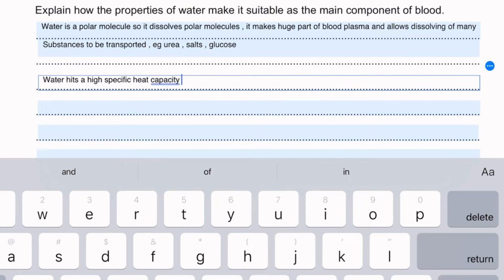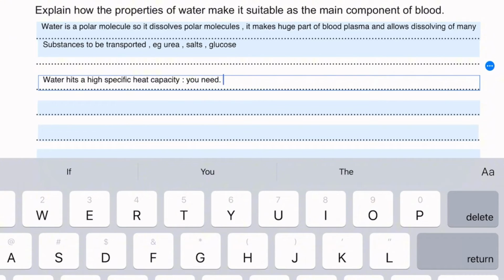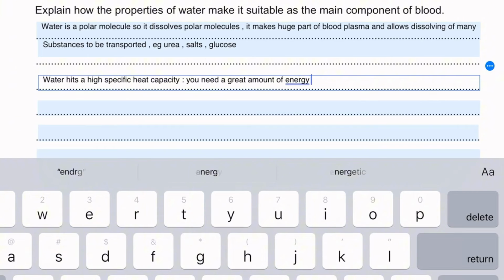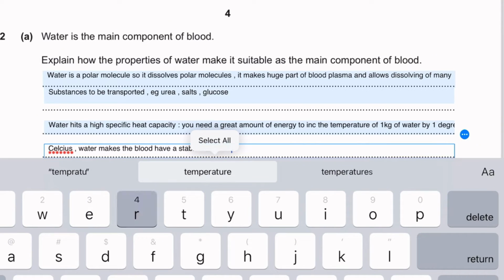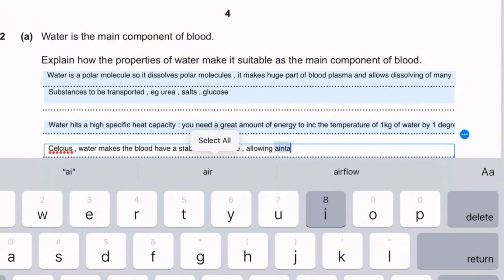And then you could define specific heat capacity, say that you need a great amount of energy to increase the temperature of 1 kilogram of water by 1 degree Celsius, which makes it such that water makes the blood have a stable temperature, maintaining homeostasis.